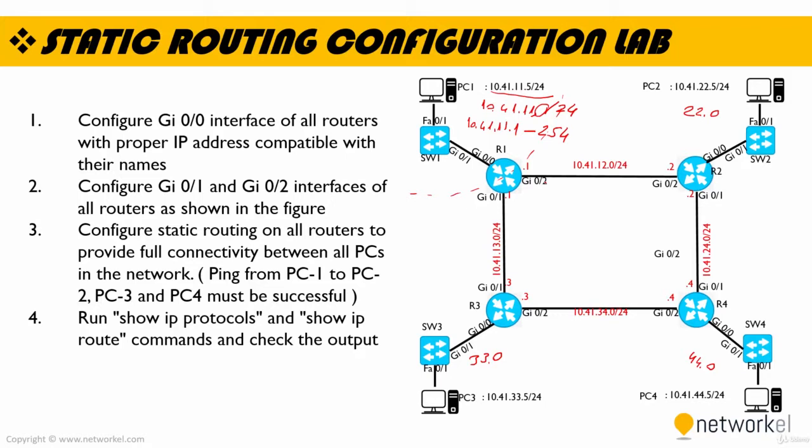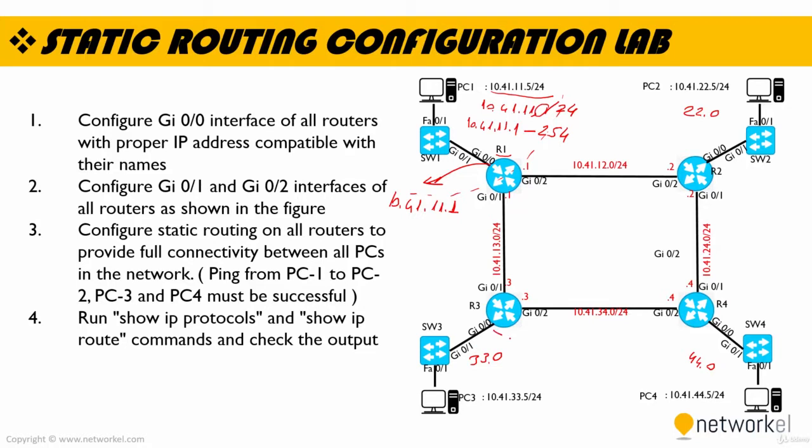But because the question says that all routers' gig0/0 interface should have a compatible IP address with their names, I need to assign the 11.1 IP address for gig0/0 because this is router 1.